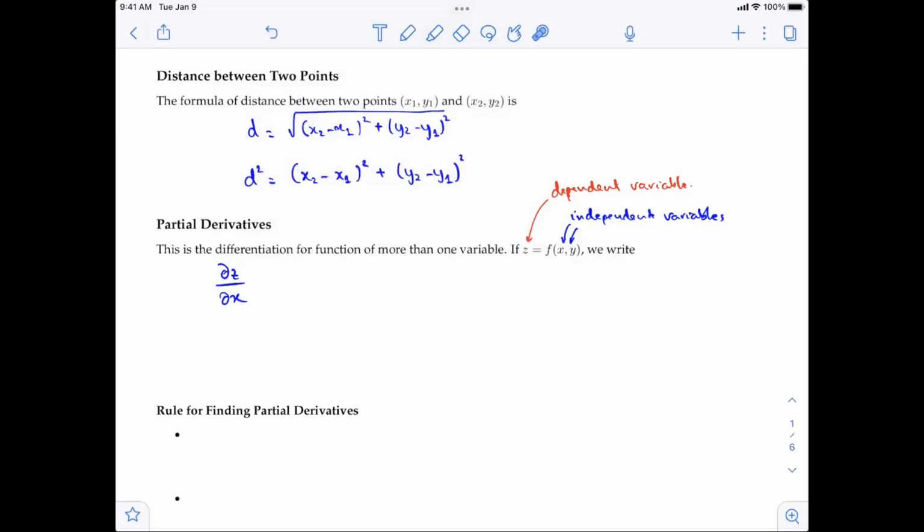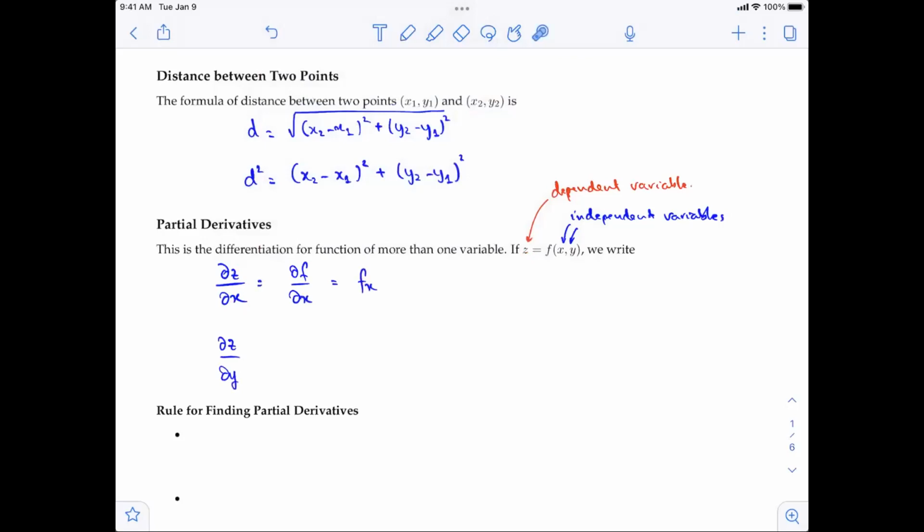We do partial derivatives because you have two different independent variables. This is the partial derivative of z with respect to x, and this is the partial derivative of z with respect to y. For the partial derivative with respect to x, the notation we use is partial f, partial x, or f sub x. Either one should be fine.